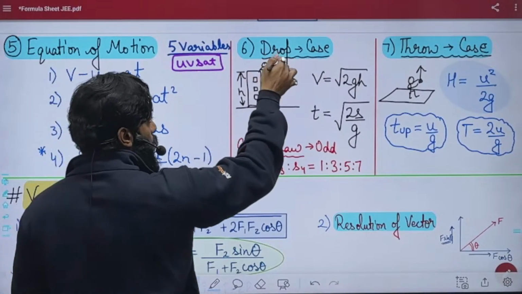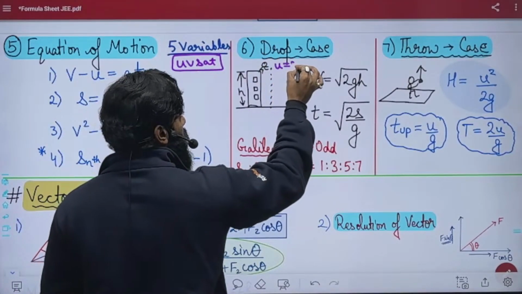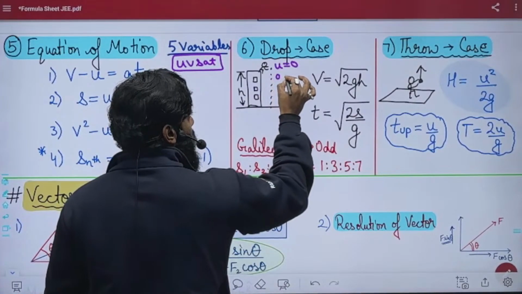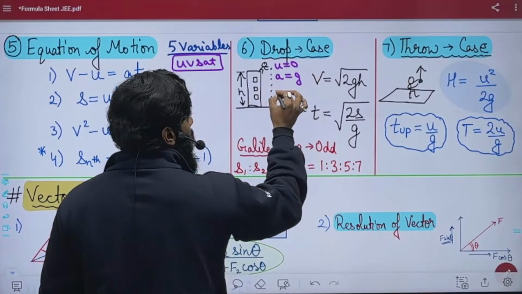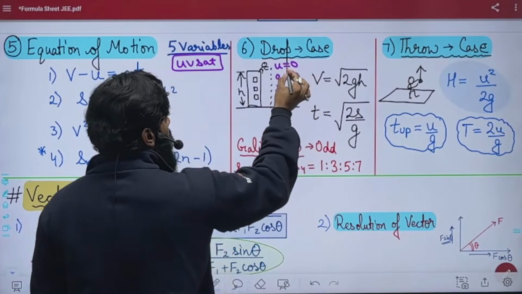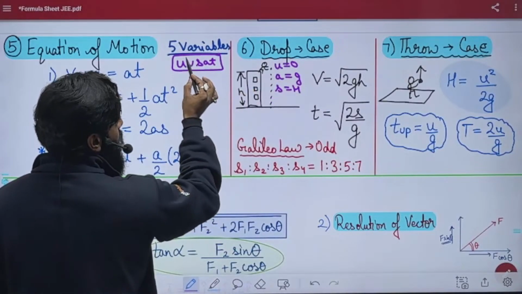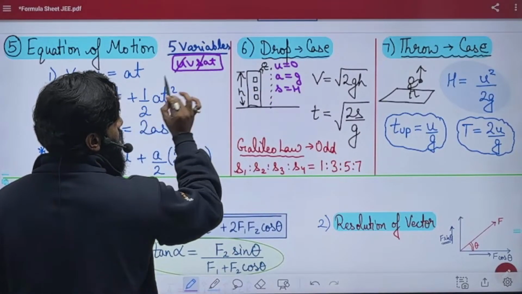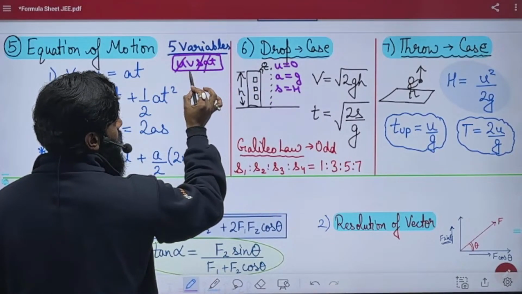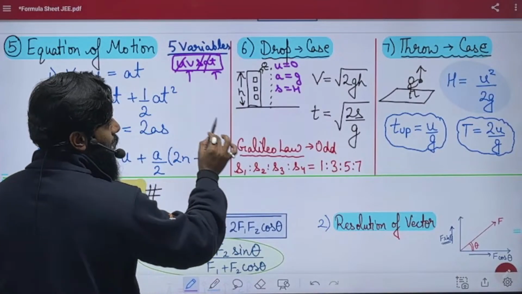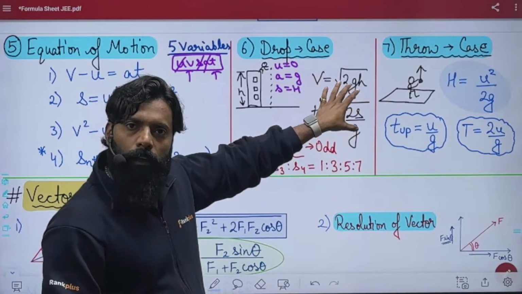If I am dropping one object, that means initial velocity is 0, acceleration is g, and height will be provided to me. That means u is there, s is there, acceleration is there. I need to find out velocity and time. This is what I am doing here, right?